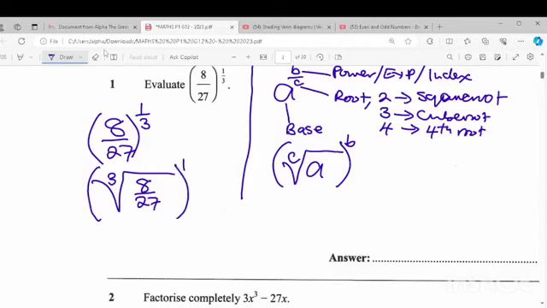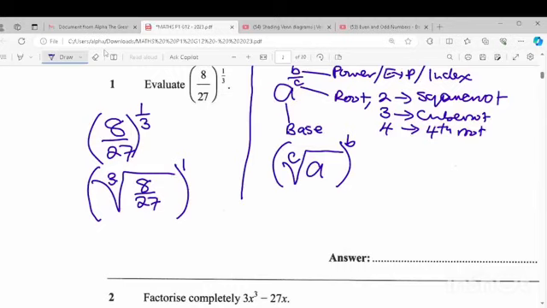Because we have a 3 here, it means we need to find the cube root of 8 over 27. What do they mean when they tell you to find the cube root of a number? It means you need to find the factor of this number that is inside, such that if that number multiplies itself 3 times, you get back this number.